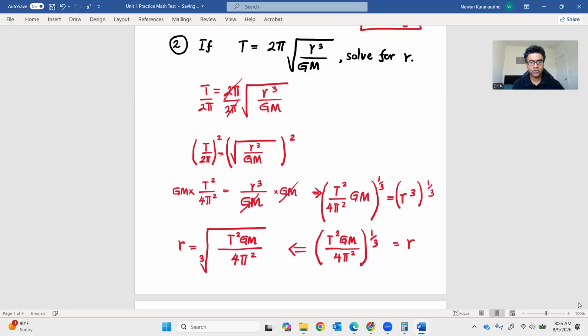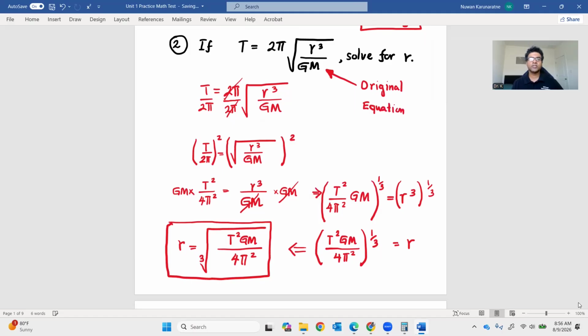Okay, so that's going to be your final answer, where I have solved this original equation. Using that original equation, I have solved that for r. And this is how you do it.